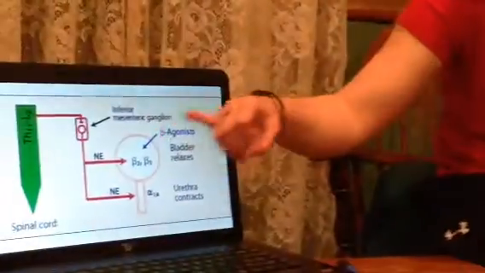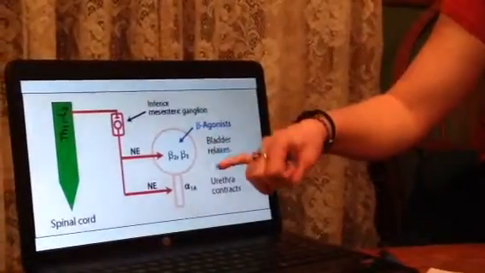The peripheral sympathetic pathways have ganglionic transmission, which is mediated by acetylcholine acting on ganglionic-type nicotinic receptors. Sympathetic postganglionic terminals release norepinephrine, which elicits contractions of the bladder base and urethral smooth muscles and relaxation of the bladder body.